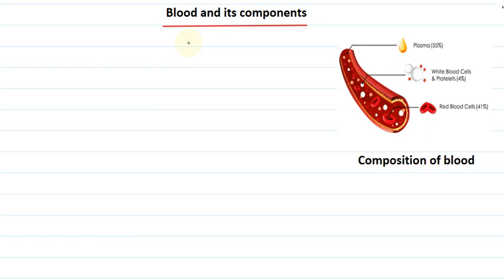The topic for today's video is blood and its components. So we already know that blood is pumped by our heart and it carries various materials to different parts of our body.